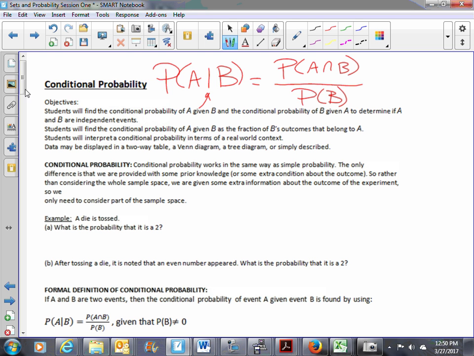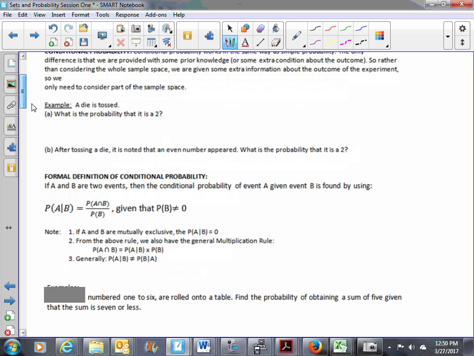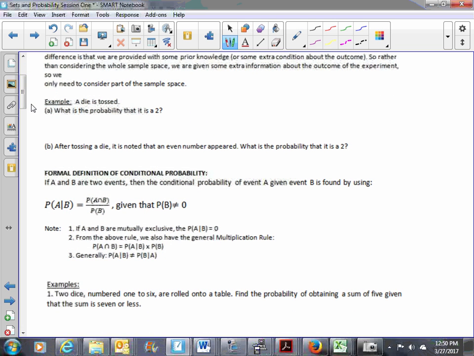Okay, now a couple of examples. A die is tossed. What is the probability that it is a 2? Well, there's just one way for a 2 to happen, and 6 things that could happen. After tossing a die, it is noted that an even number appeared. What is the probability that it is a 2?